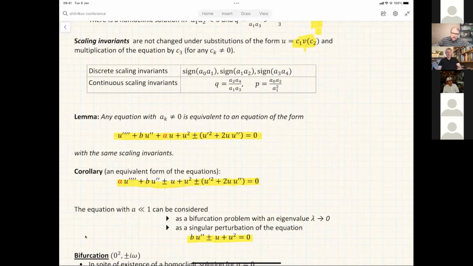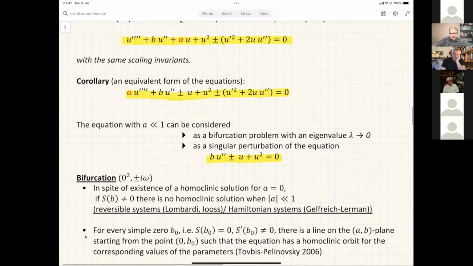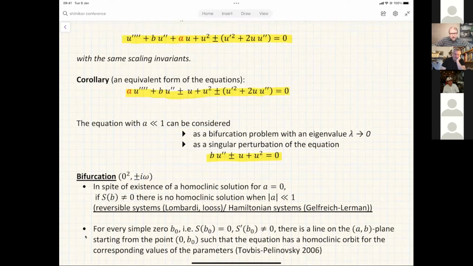There were some works in this area, and I would mention the works by Lombardi and Iooss in the reversible case, and by myself with Lev on Hamiltonian systems, which say that if you want to study the existence of a homoclinic solution for small A, which corresponds to the bifurcation in the equation, then if some constant, called a Stokes constant, S of B, is non-zero, then the full equation doesn't have a homoclinic solution when this parameter A is small.